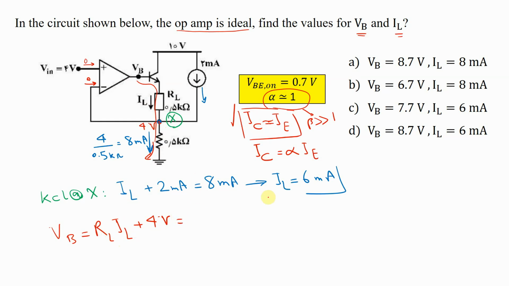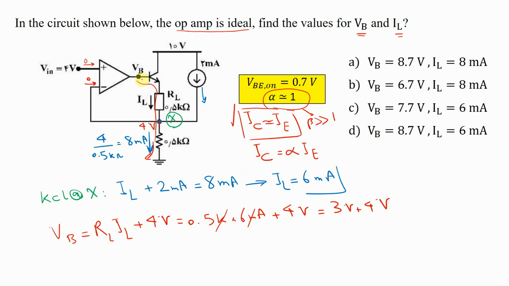Now we have already calculated IL. So RL equals 0.5 kilo ohm times this 6 milliamp for IL, plus 4 volt. Here the kilo and milli cancel out, so we are left with 0.5 times 6, which is 3 volt, plus 4 volt. But I forgot one thing.